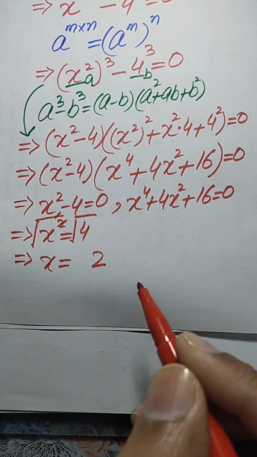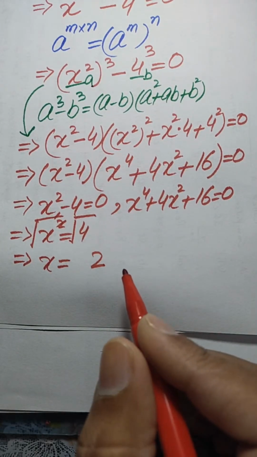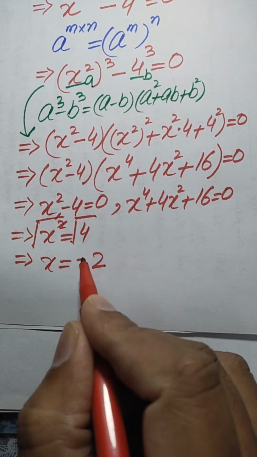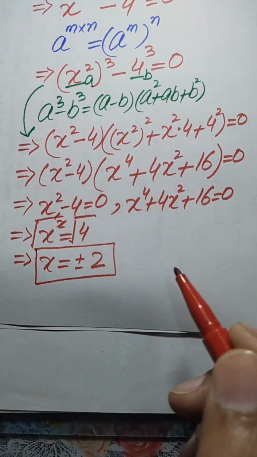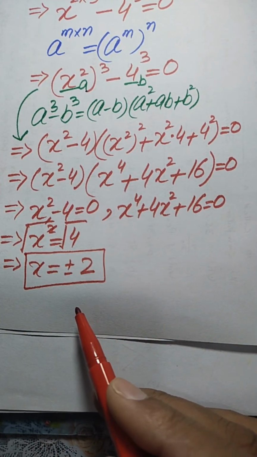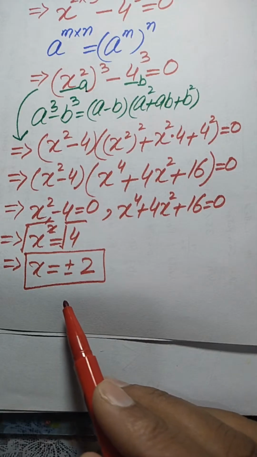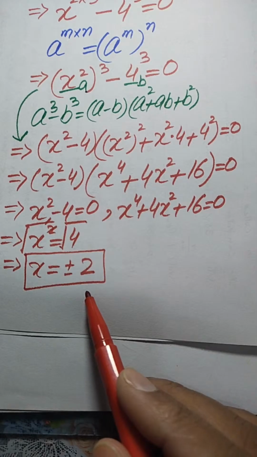Also, when we apply square root on both sides, we write a plus minus sign on one of the sides. So in the first case, we get the two roots of the given equation: plus minus 2. These are the two roots of the given equation.